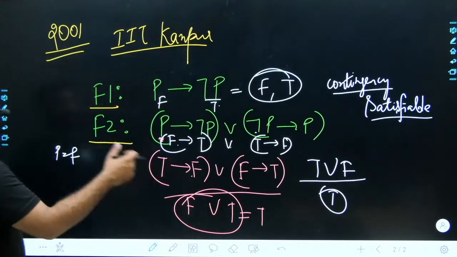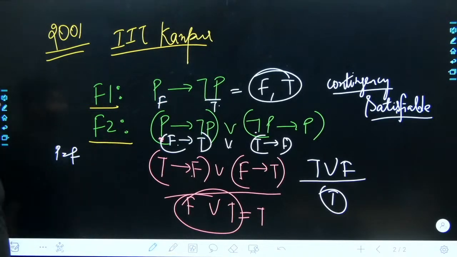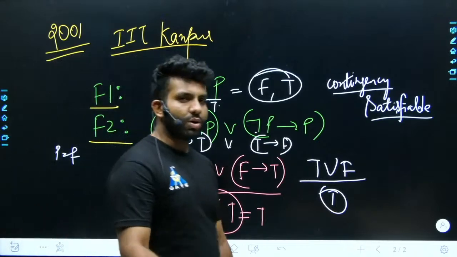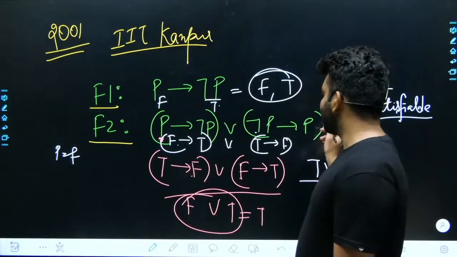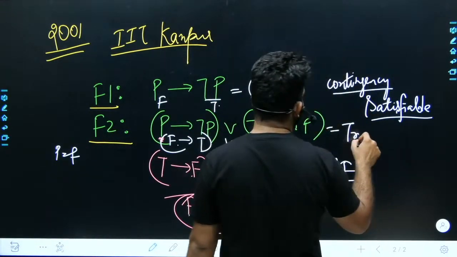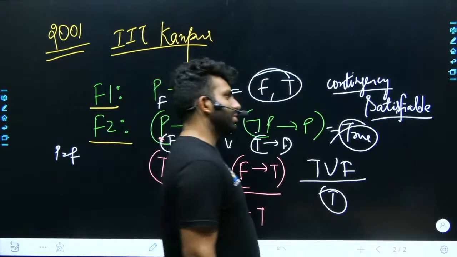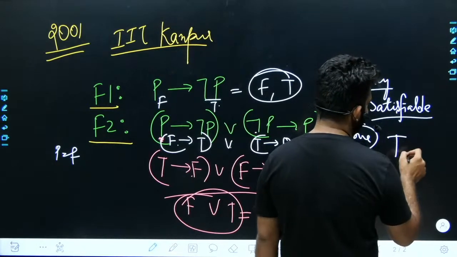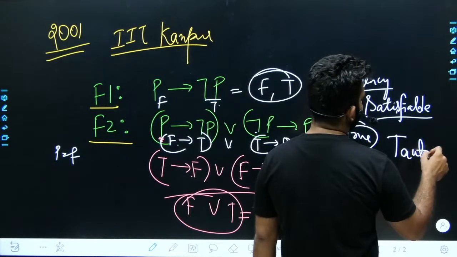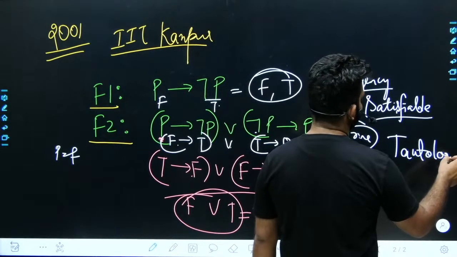Depending upon the value of P, take any value, be it true or false, this will always result in true. That means it's a tautology.